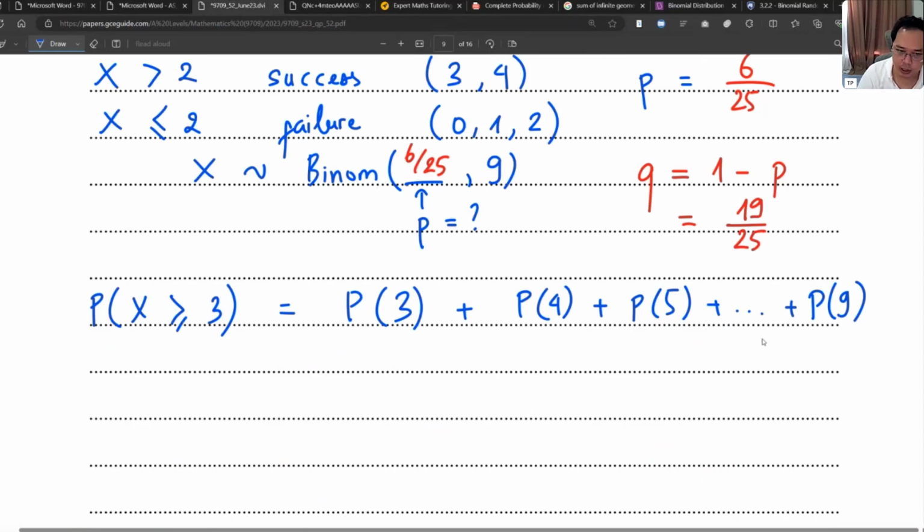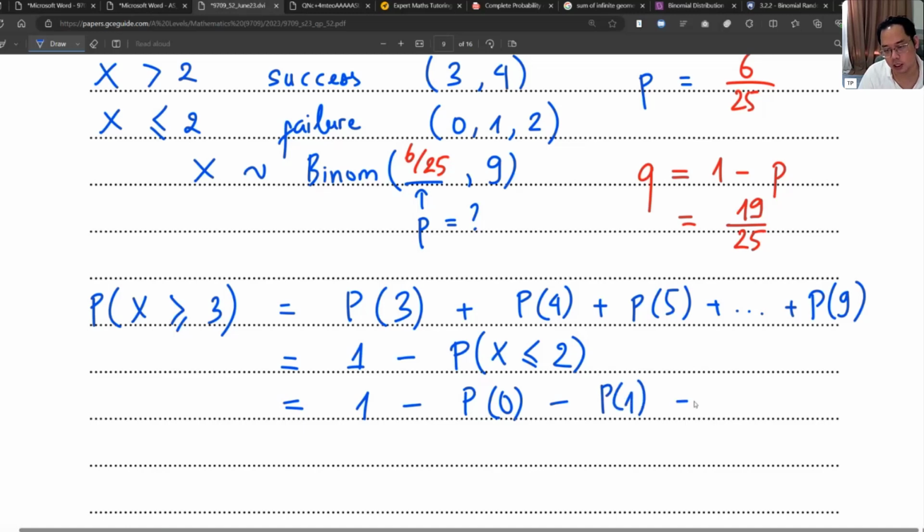Instead of calculating like that, we can do it indirectly, which is taking the value 1 and minus the probability of getting the value smaller than 3, meaning at most 2. In other words, we take 1 and minus the probability of getting 0 success, 1 success, and 2 successes. Okay, so instead of calculating 7 values, we only need to calculate 3 values.